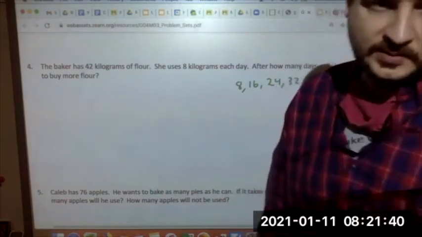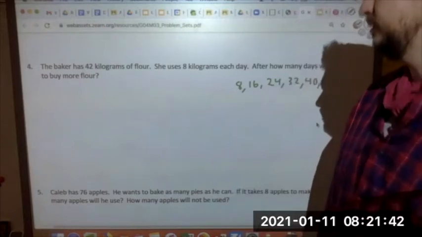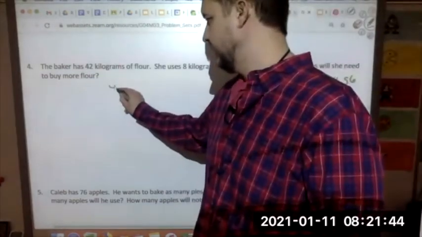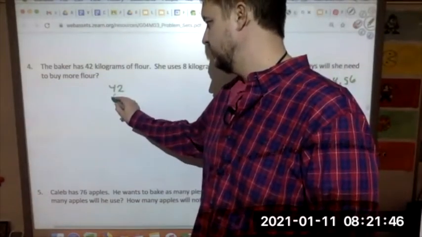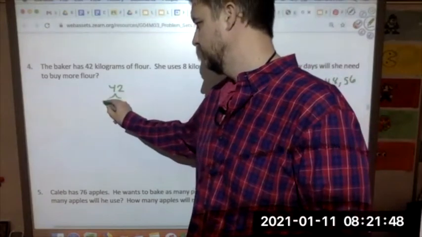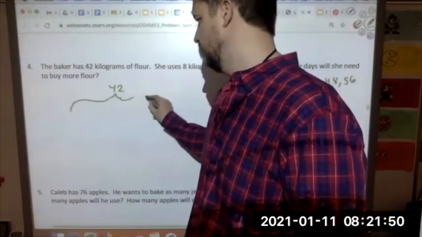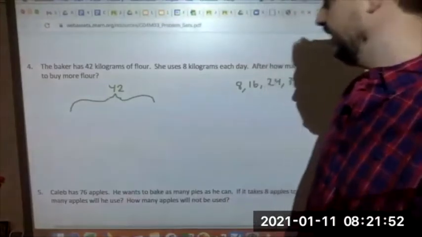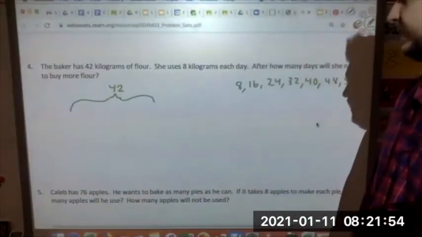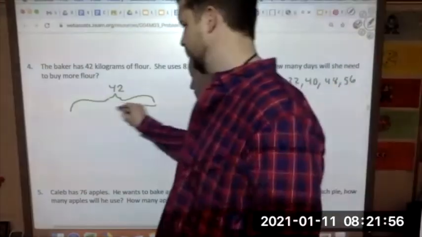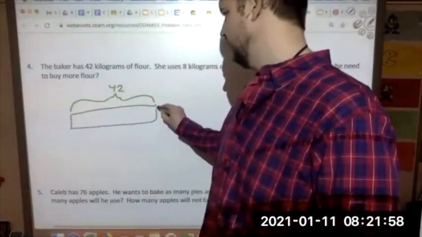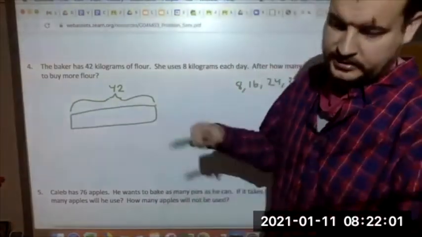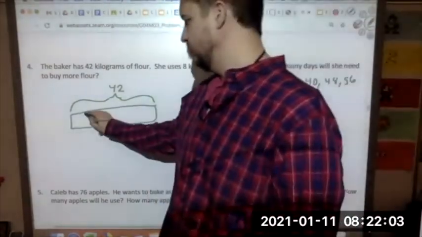So the question says the baker has 42 kilograms of flour. That's what they have, 42 kilograms. She uses 8 kilograms a day. So like she has this bag of flour, she dumps it out. Each day she uses 8.